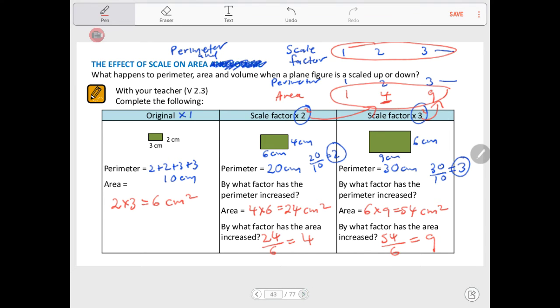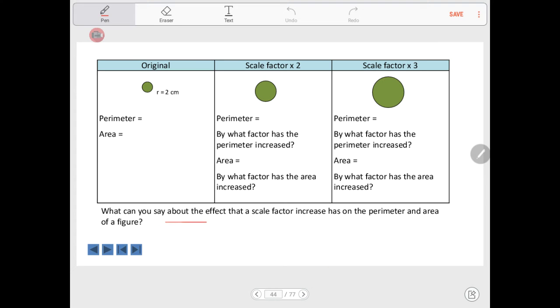Let's say that we increase by a scale factor of 4. Well, for the rectangles, the perimeter would increase by the scale factor, just 4, but area would increase by 4 squared. It would be 16 times larger.